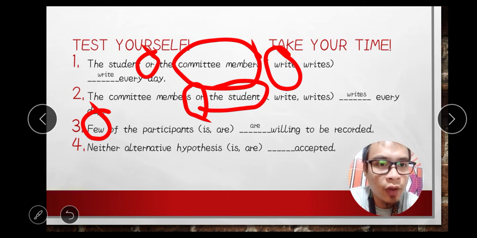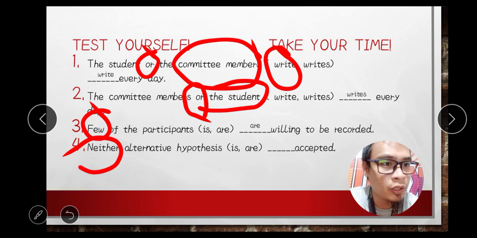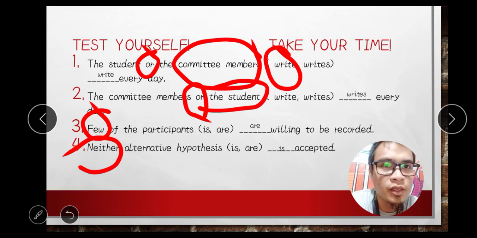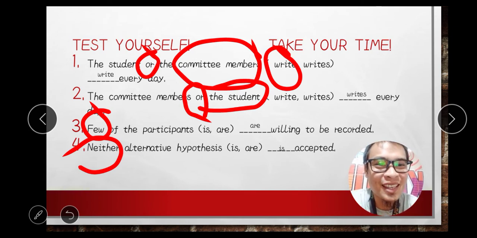Neither alternative hypothesis is accepted. In here, we use this indefinite pronoun, neither, which is singular in form. So therefore, we take the singular verb is. So that's it. You just count your number of checks and be happy with the result.